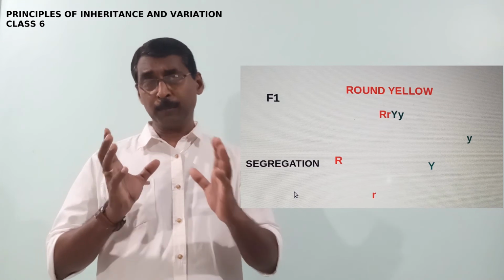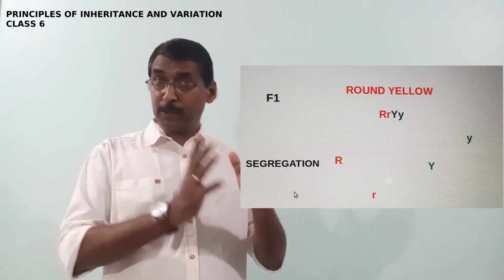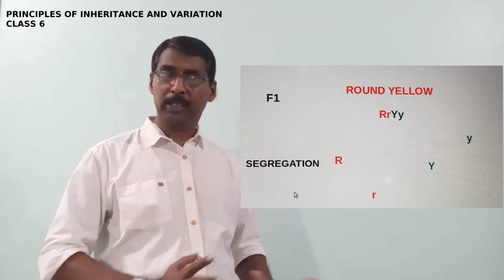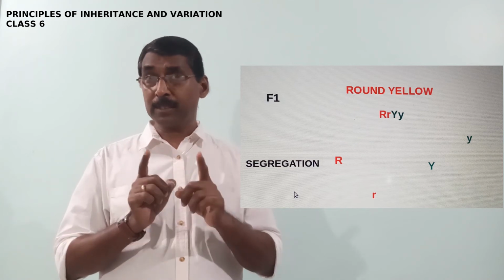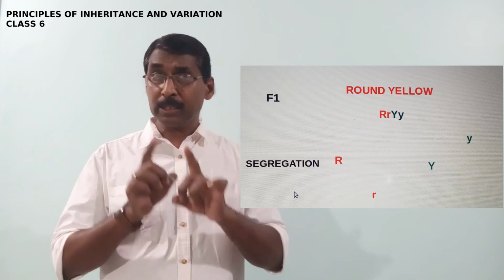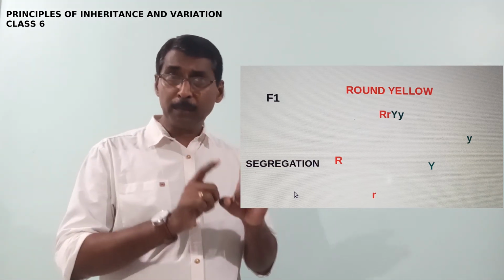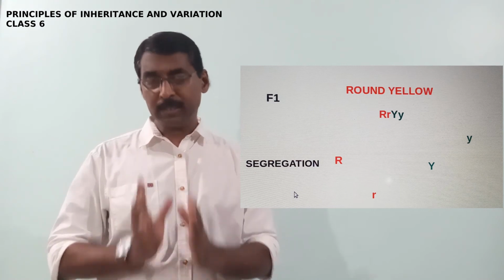So the capital R and small r segregate, and capital Y and small y also segregate. These are alleles representing a particular character. Capital R, small r represent the shape of the seed. Capital Y, small y represent the color of the seed. So the pair of factors separate.